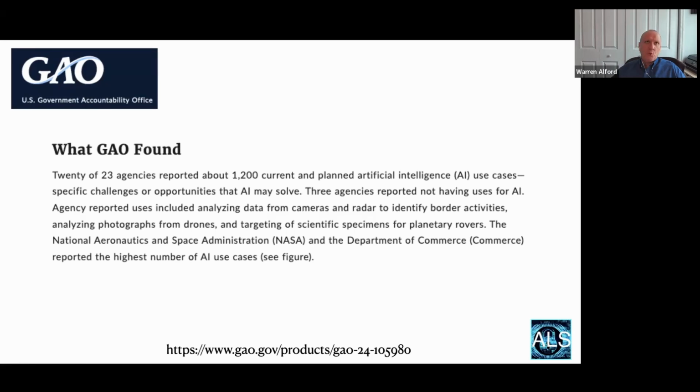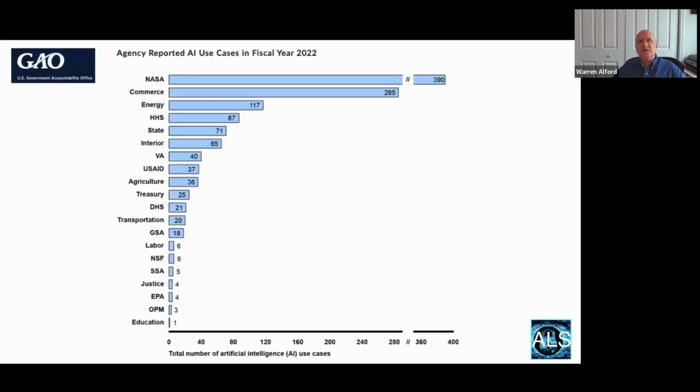But from this report, we actually see that the top two use cases come from NASA and the Department of Commerce, followed by the Department of Energy, Health and Human Services, State Department, etc. So this kind of shows what the planning was for AI, and we're seeing that all come to fruition now.